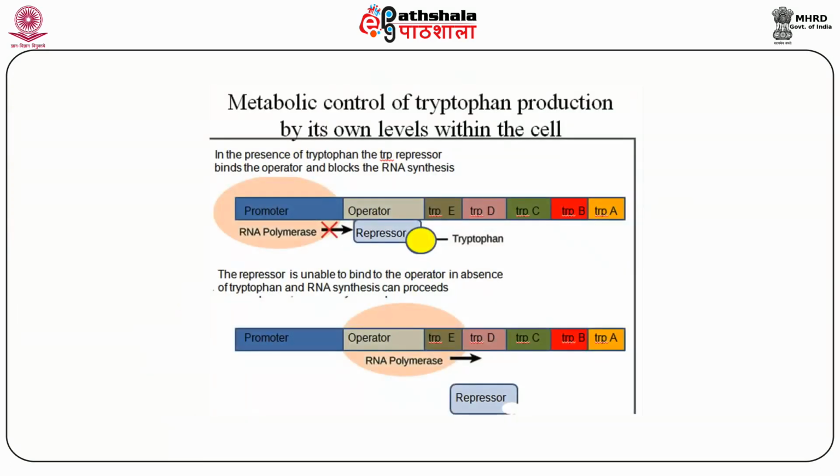This is metabolic control of tryptophan production by its own levels within the cell. The operon is activated whenever the levels of tryptophan are low within the cell.